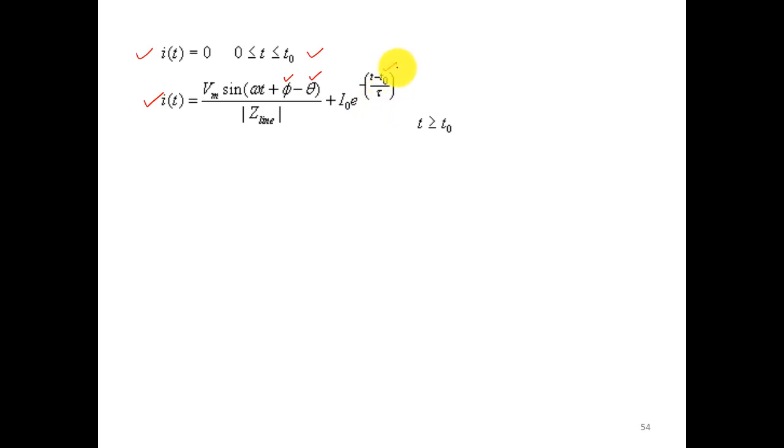Here t naught is the time at which the switch is closed to simulate the short circuit fault, and tau is the time constant, tau equal to L by R. This equation is valid for t greater than or equal to t naught.